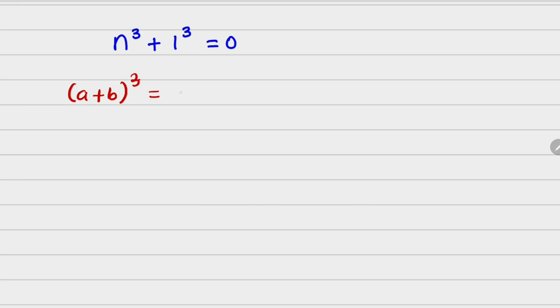I'm going to have a raised to power 3. I'm using the knowledge of binomial expansion now, okay, then plus 3 into a squared b, plus 3 into a then b squared, plus b cubed.